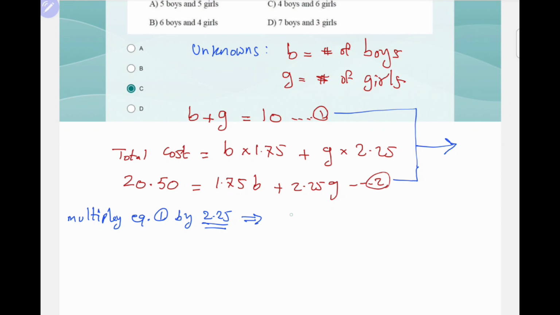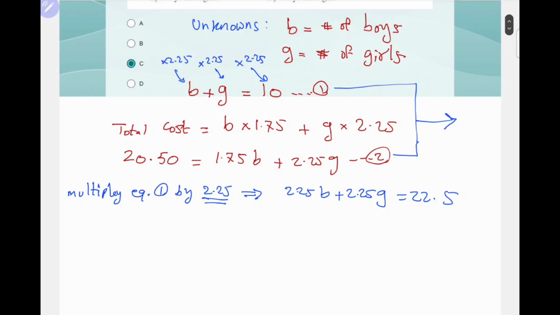We will have 2.25 B plus 2.25 G equal to 10 times 2.25. This is times 2.25 because you have to multiply each term by the same amount, which is equal to 22.5.